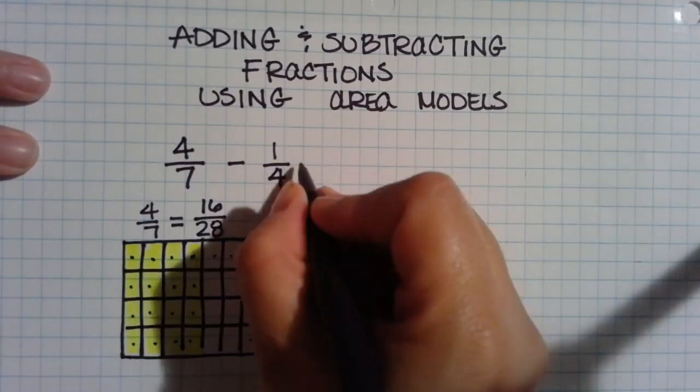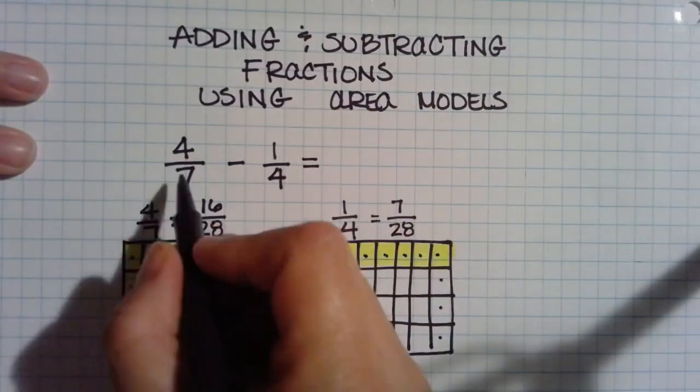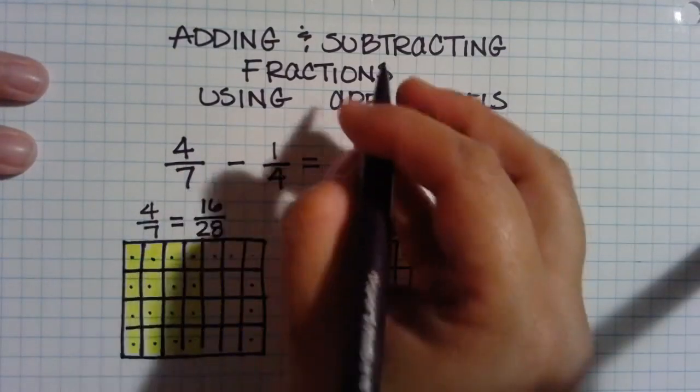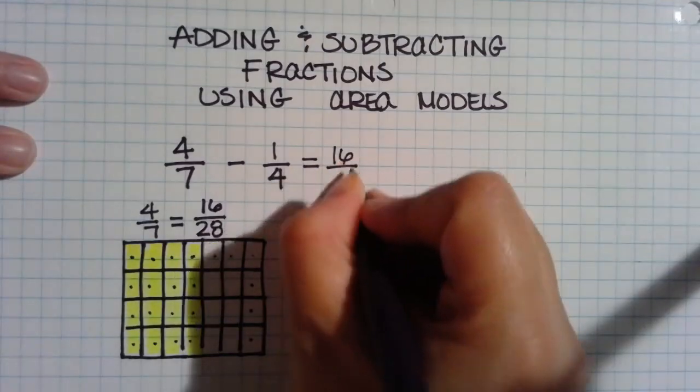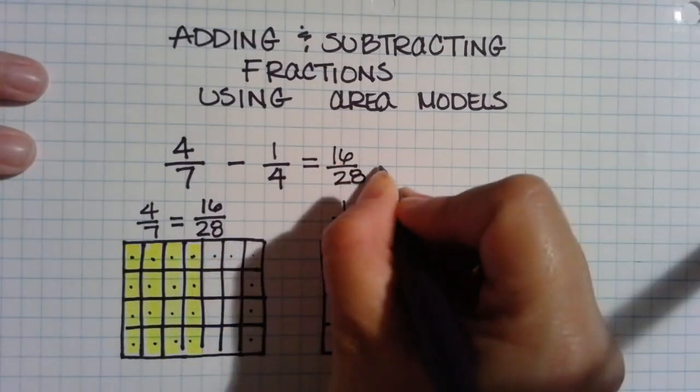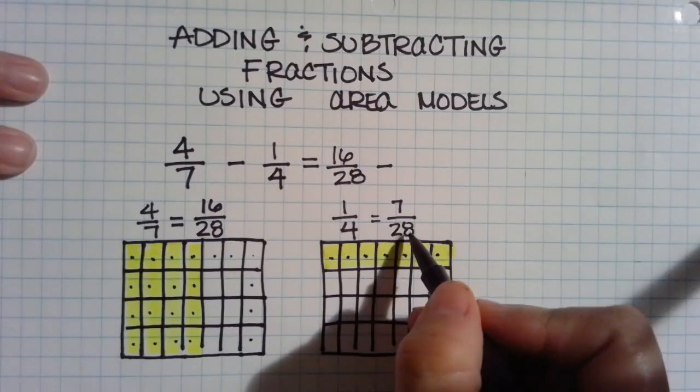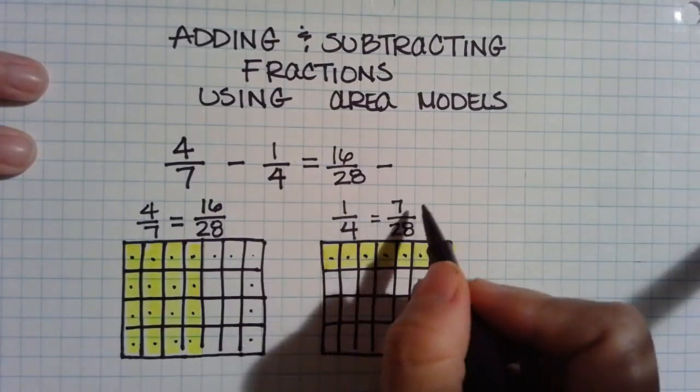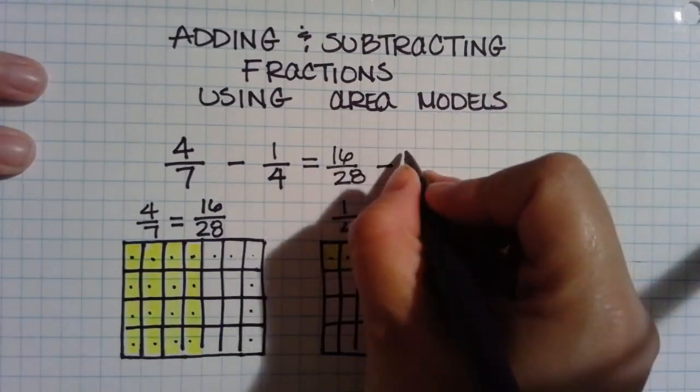Okay, by finding the equivalent fractions. So 4/7 is equal to 16/28, and I am subtracting the equivalent fraction of 1/4, and that's 7/28.